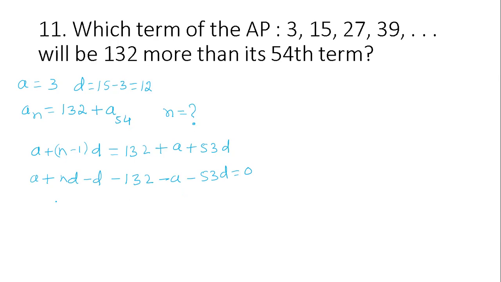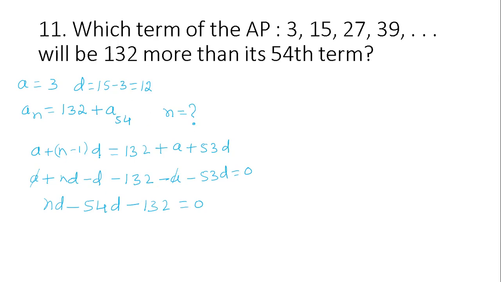Now, this A gets cancelled. ND as it is, minus 53D minus D means minus 54D minus 132 is equal to 0.